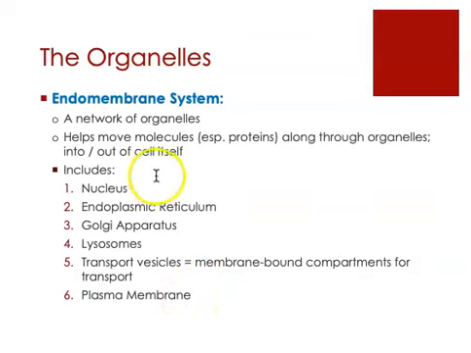The nucleus and the endoplasmic reticulum are actually physically connected to each other. The rest of the endomembrane system is in separate compartments, but they connect with each other through these transport vesicles. And I'll show you what I mean by that in just a minute.